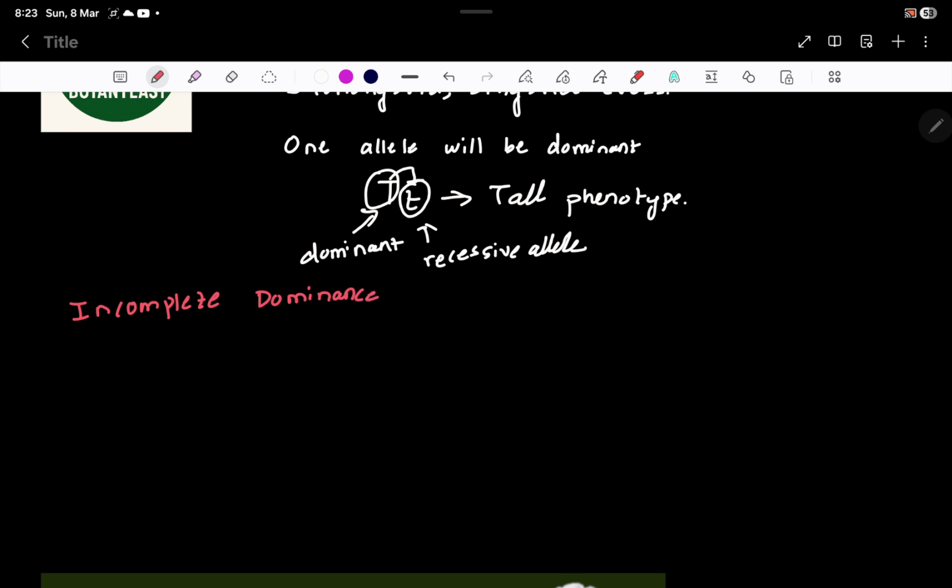What the definition tells is, in this, neither allele is completely dominant.